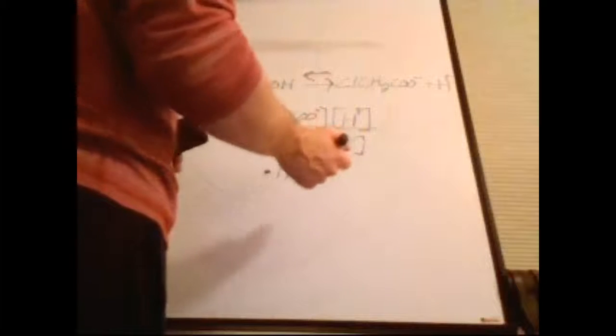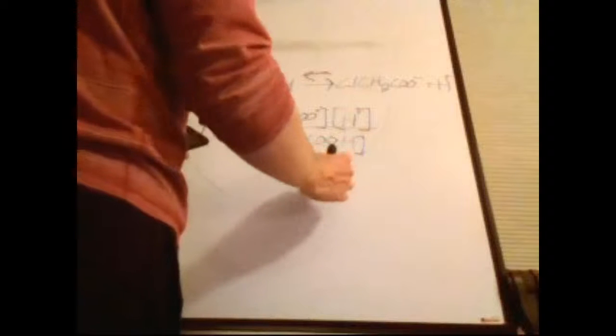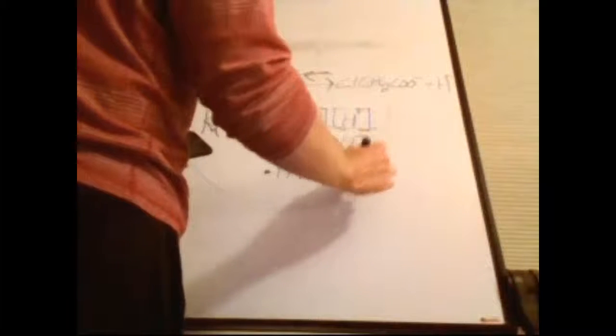So if we just multiply this by 11%, or 0.11, then we will get the concentration of the ions, which I think is going to be 0.011 molarity. So that's going to be the molarity for the ClCH2COO minus, and the hydronium, or the hydrogen ion.